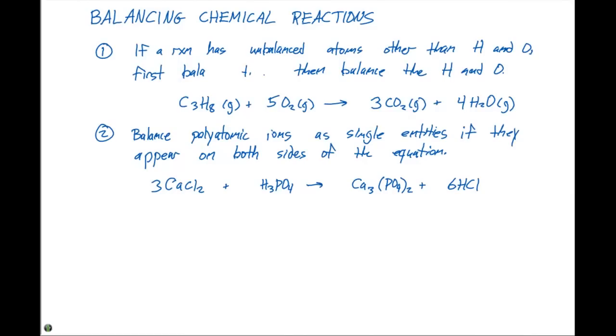This gives us 6 hydrogens on the right, 3 hydrogens on the left. We can put a 2 in front of that H3PO4, which then will allow us to balance that chemical equation. And note that we don't consider the phosphorus and the oxygen separately in the phosphate group, because that is a polyatomic ion that's going to be very stable, and it's going to stay together and not break apart.